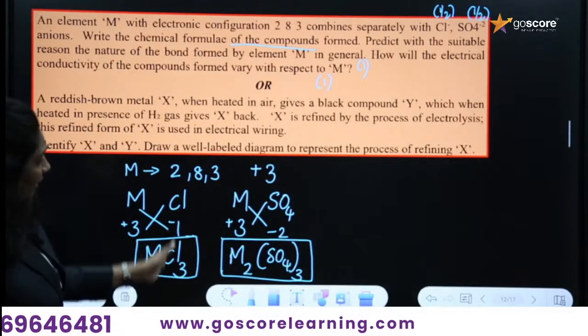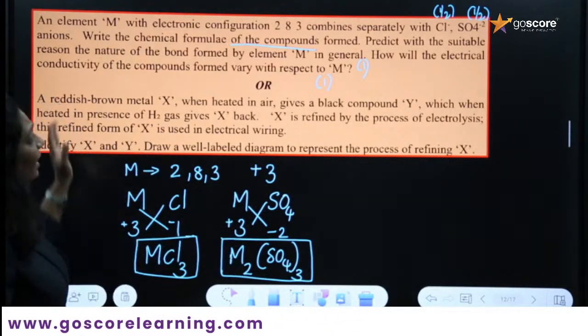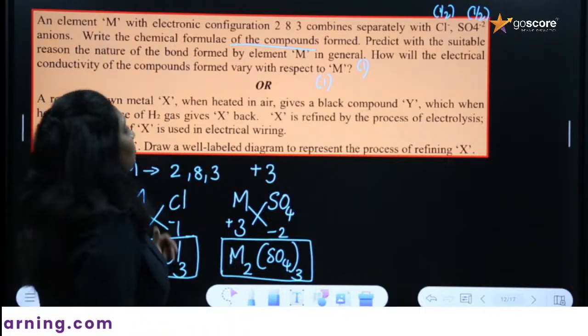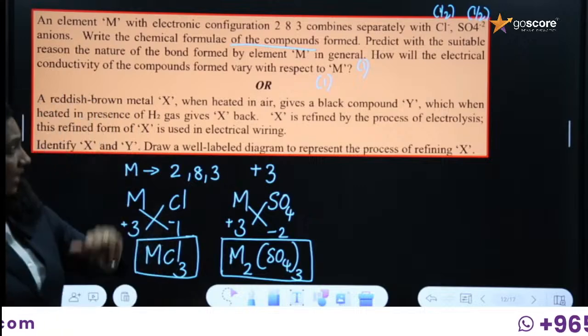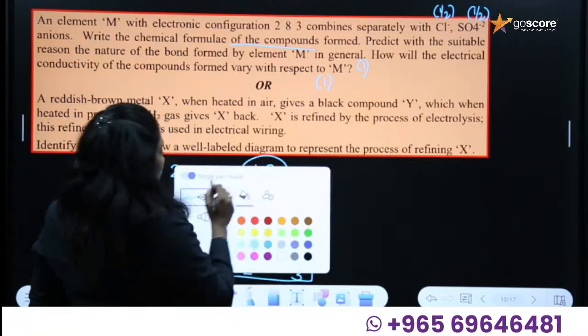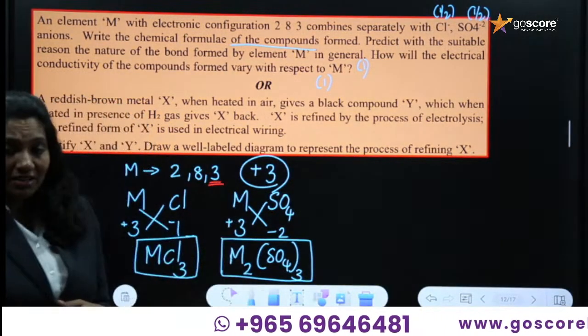So if you write both of these neatly, you will get the 1 mark for that. And the next question is, with a suitable reason, the nature of the bond formed by element M in general. We know that M has the tendency to lose the 3 valence electrons, right?